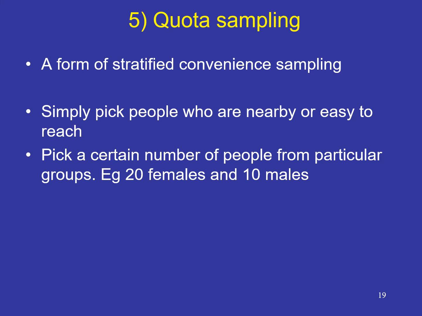Now you wouldn't select them randomly, you would just simply ask the first 20 females and the first 10 males that passed you by. Now again, this does save cost and time, but again, there is a big risk of bias because it's unlikely to be representative of the whole population.